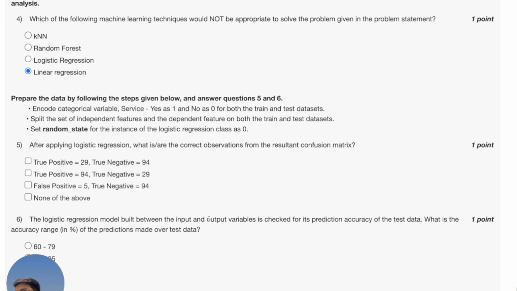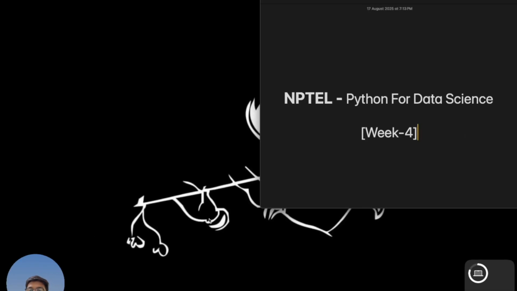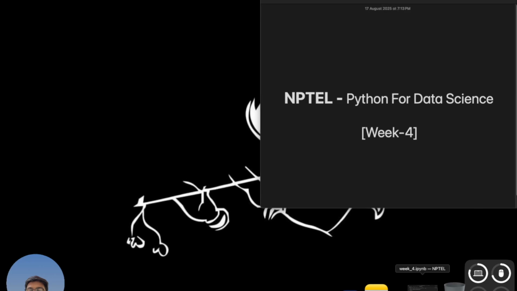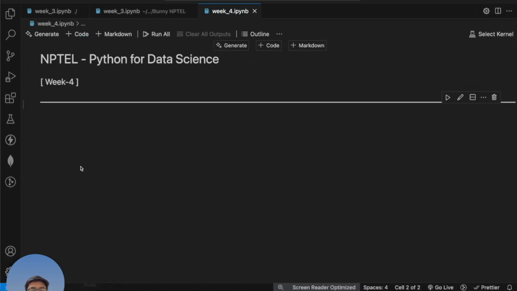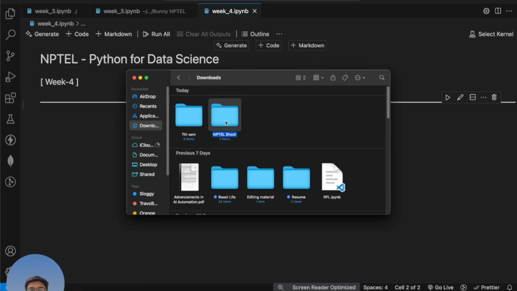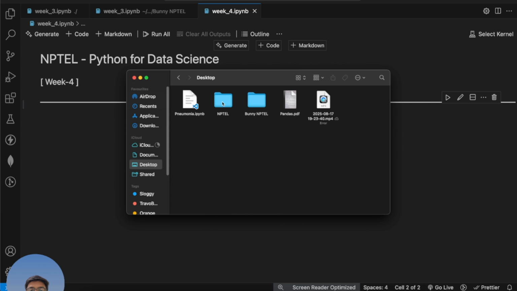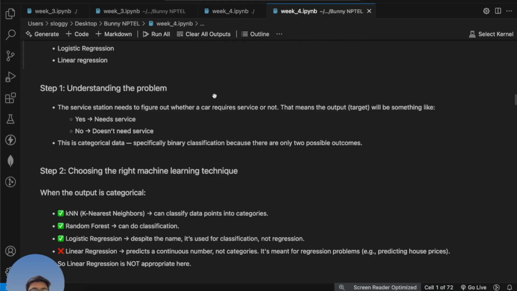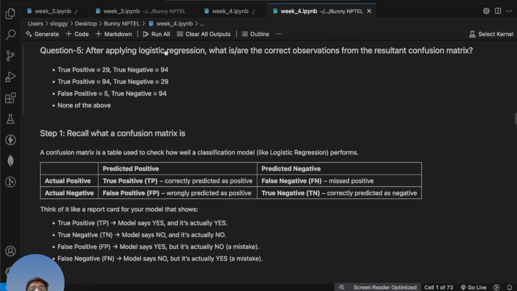So I'd like to share one particular thing for this. Recall what a confusion matrix means.